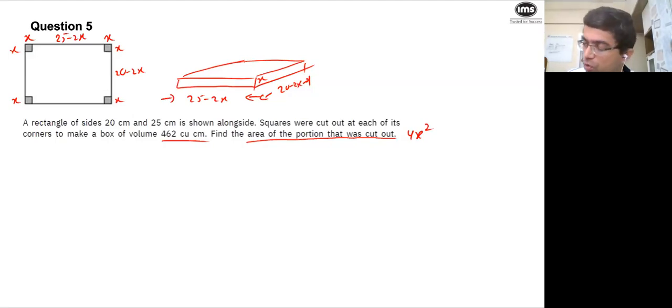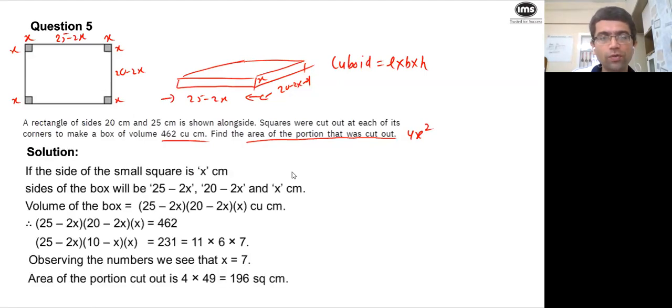This box is a cuboid, so the volume is length into breadth into height. Just substitute the values. You will get (25 minus 2x) as length, (20 minus 2x) as breadth, and x as height. It is very self-explanatory. The product is given to be 462 cubic centimeter.